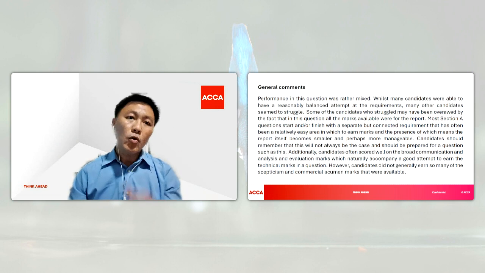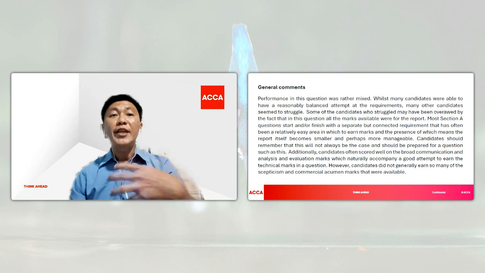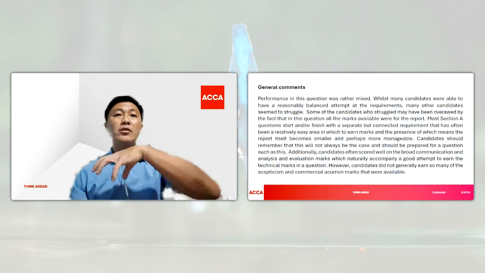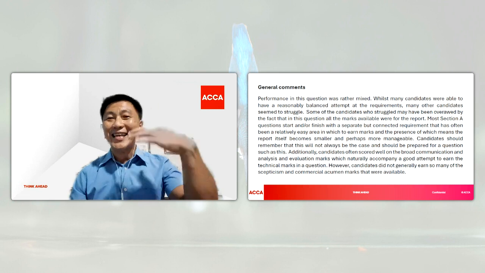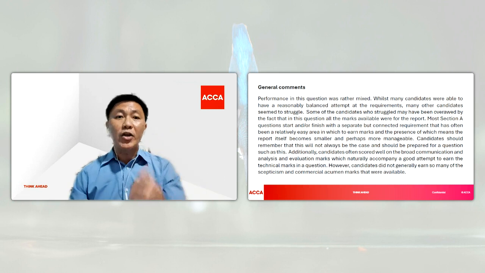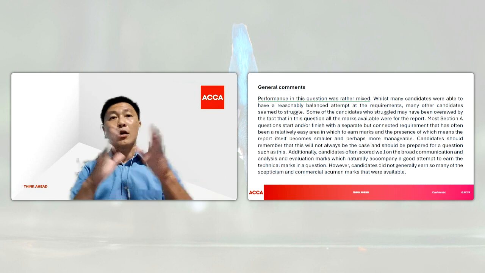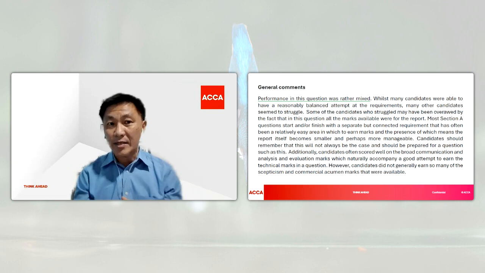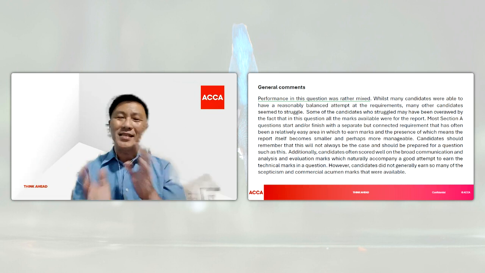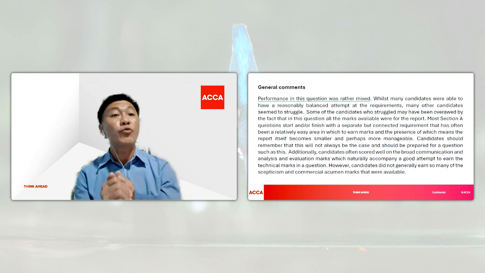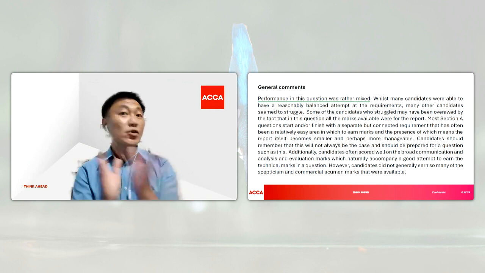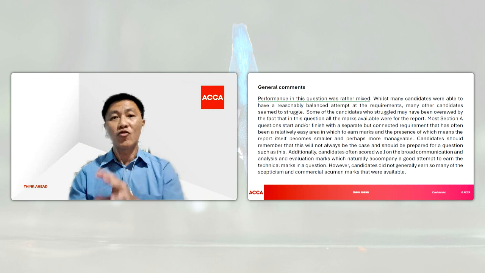Now, looking into some of the general comments on the general performance of the students in each of these requirements, you will notice this is the performance of the students across the group in the last exam sitting. Certain answer qualities from the students are pretty good, whereas it is not so for some other group of students.